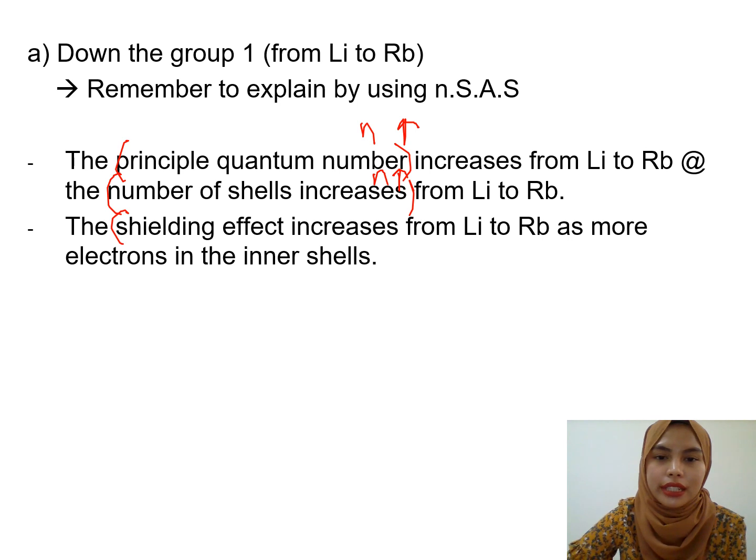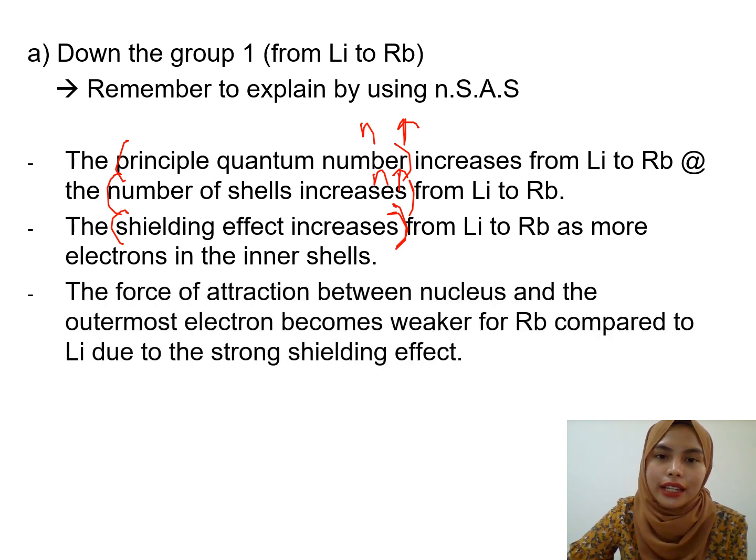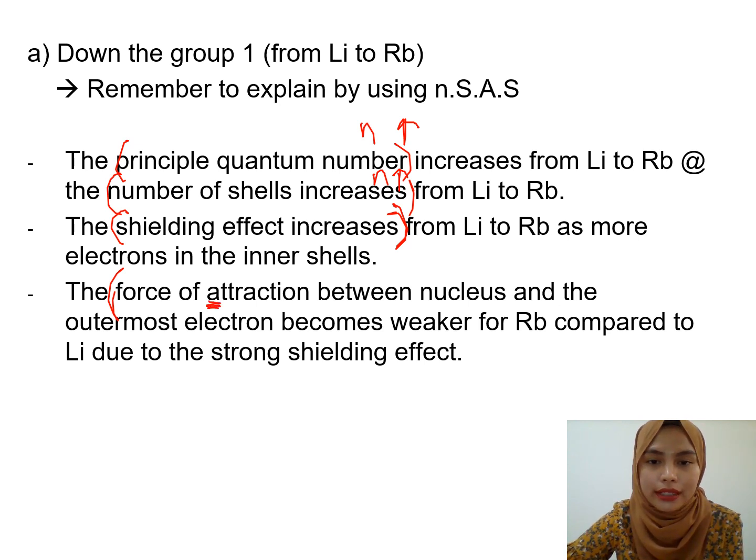Lepas tu gunakan point S. S adalah shielding effect. You can bagi tahu shielding effect pun sebab number of shell increase, shielding effect pun will be increased as more electrons will be in the inner shells from lithium to rubidium. And next ialah force of attraction. A for attraction. Force of attraction between nucleus and the outermost electron becomes weaker for rubidium.